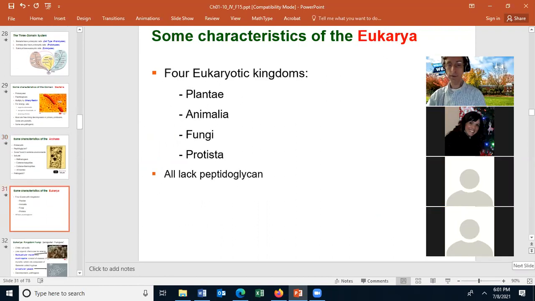But none of them are known to cause human disease. And our focus in this class is on the microbes that cause human disease. And that's because most of you are going into the health care industry, and so we're going to try and focus on the microbes which cause disease.